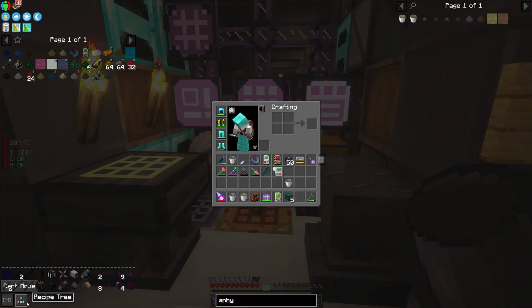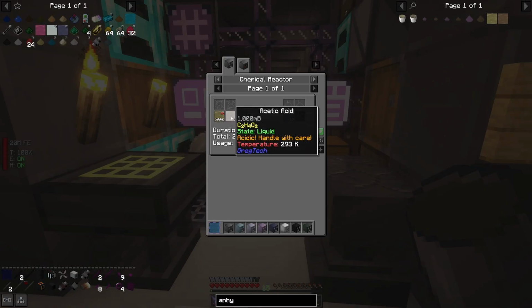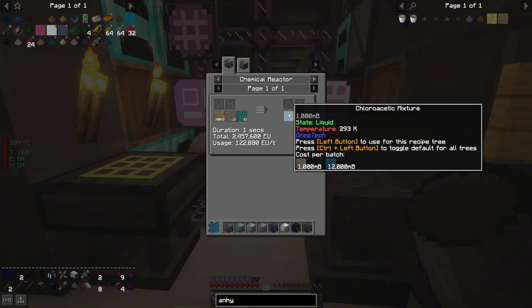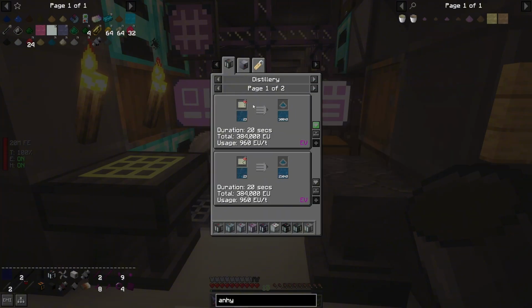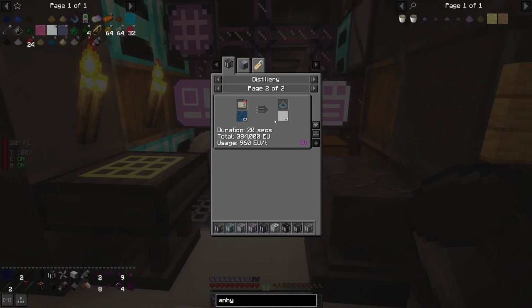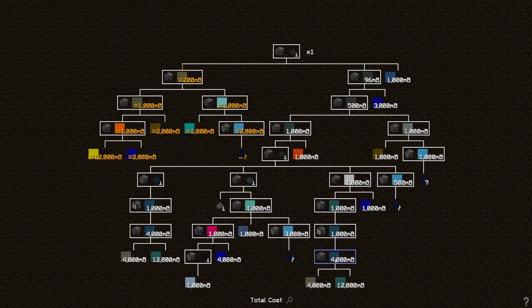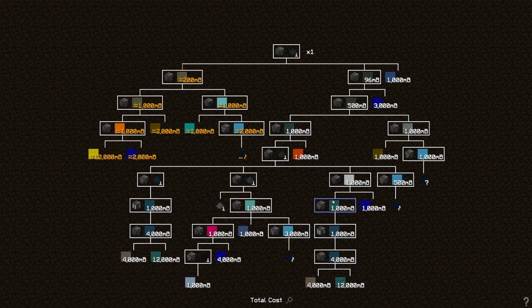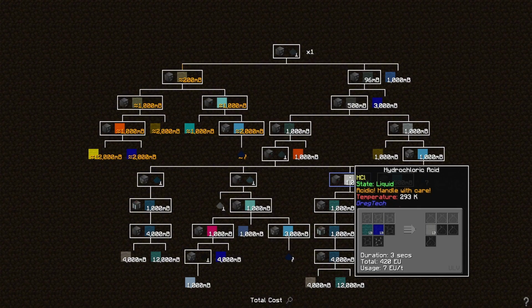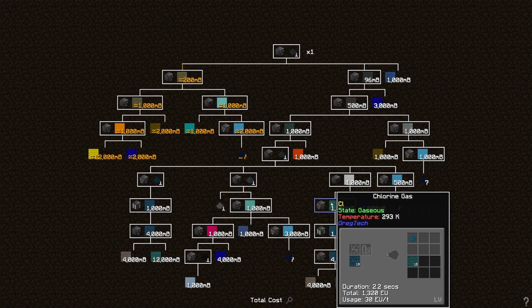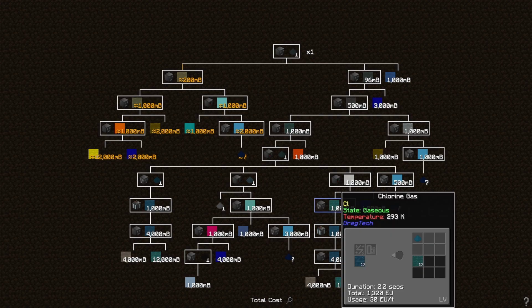All right, so with that... Not that. Boop, boop, boop. Okay, so we need to go and we need to get acetic and chlorine gas into an LCR to make our chloroacetic mixture. And with that... Oh, let's see, hold on. So there's a chloroacetic mixture, and then there's... Okay, so we need to make the dichloroacetate, and then the... Wait, what the hell?